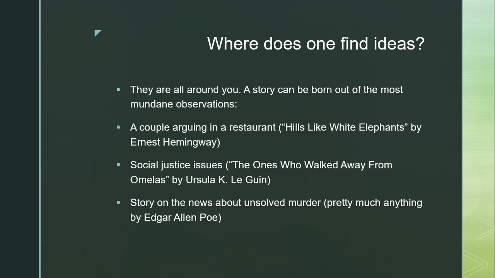Social justice issues. If you've been in my dystopian class, we read The Ones Who Walked Away from Omelas. If you haven't read that story, it's about a supposedly utopian city that only finds its utopia out of torturing one small child, kind of like a sacrifice for their utopian world.